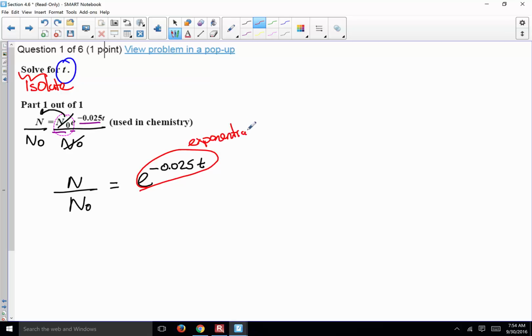E is a number, 2.7 blah blah blah. So I need to get rid of this exponential form, and I want to see t on the ground all by itself. How can I do that? What's the right method or weapon, tool to reduce exponentials to just something on the ground?